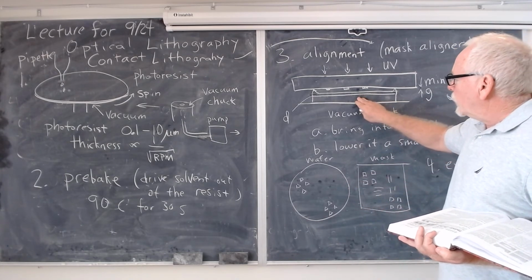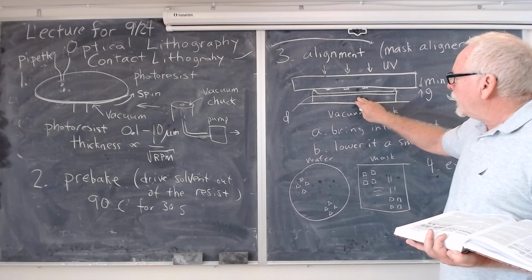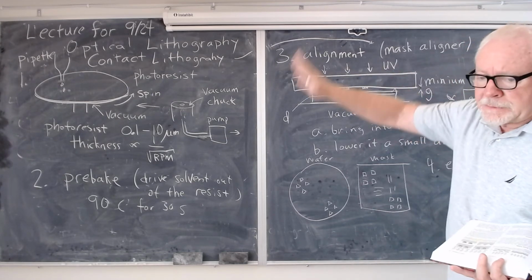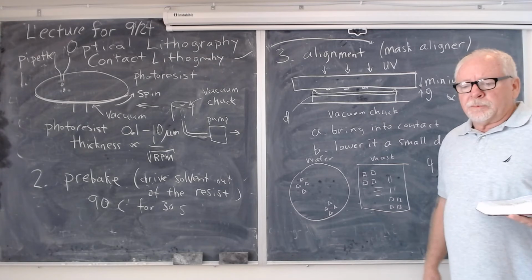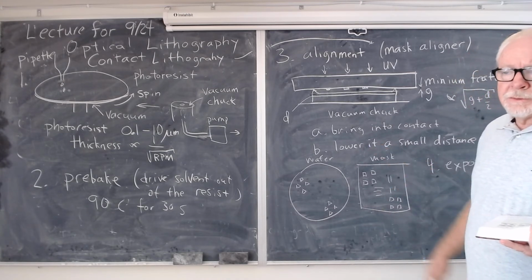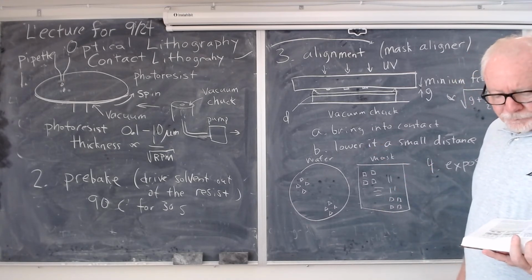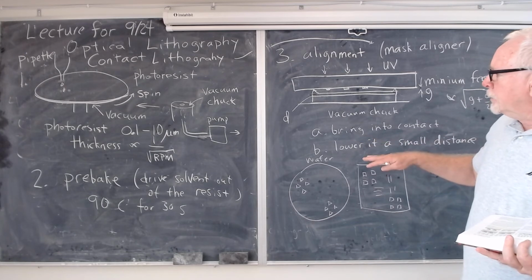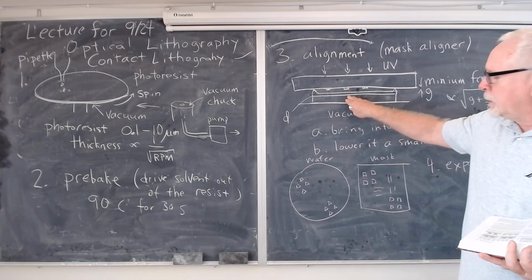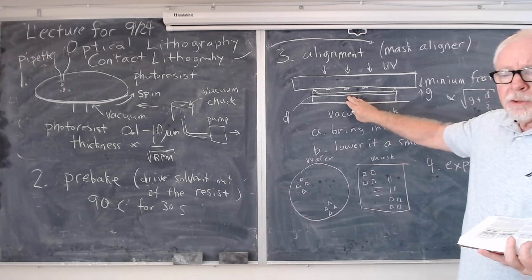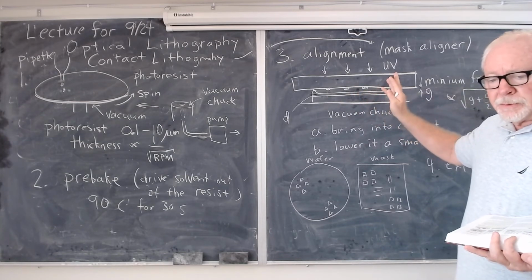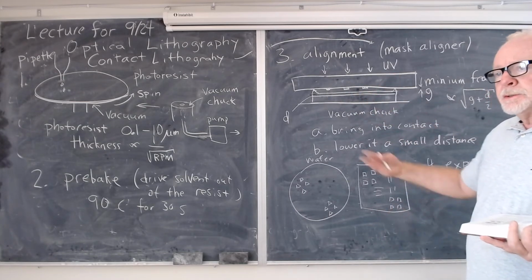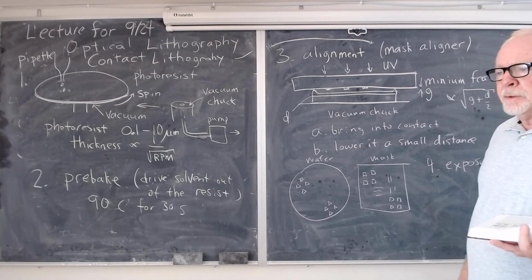But I merely want to point out that all of this is done in what's called the lithography room, which is usually under yellow light, because if there was any white light, meaning including blue, it would expose the photoresist. It's just like a dark room in photography.